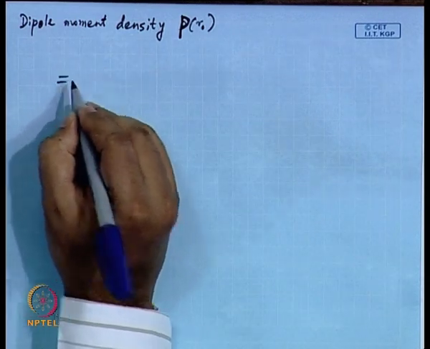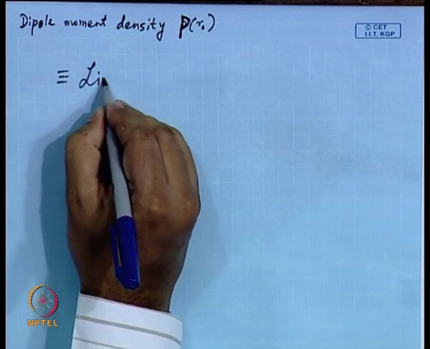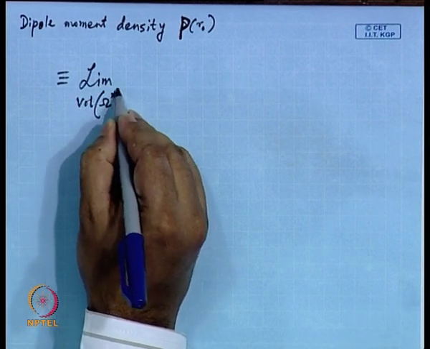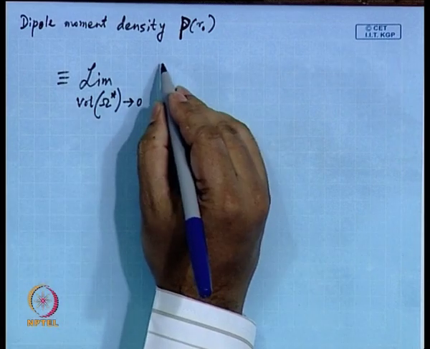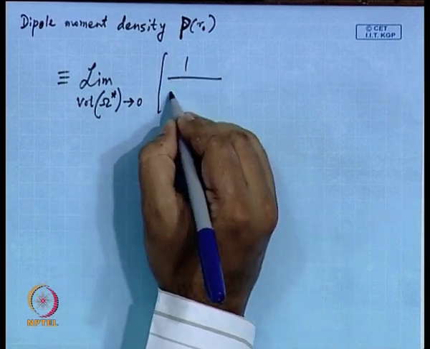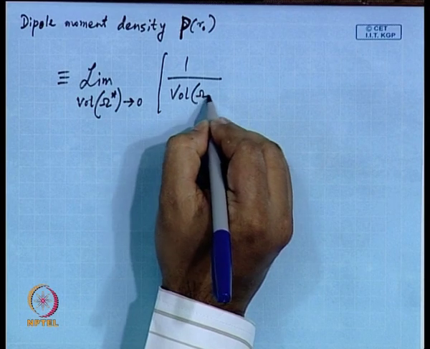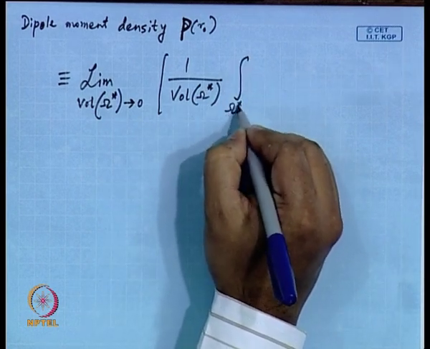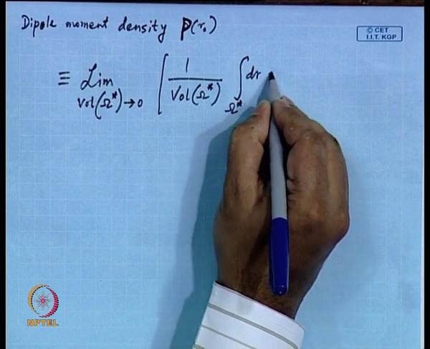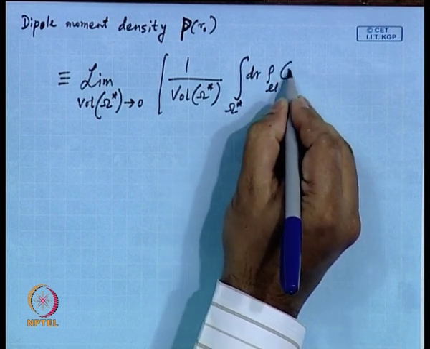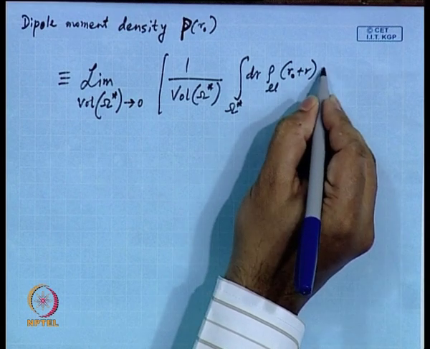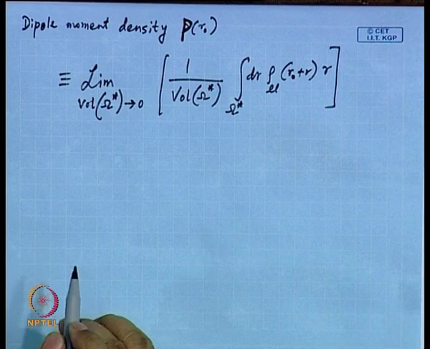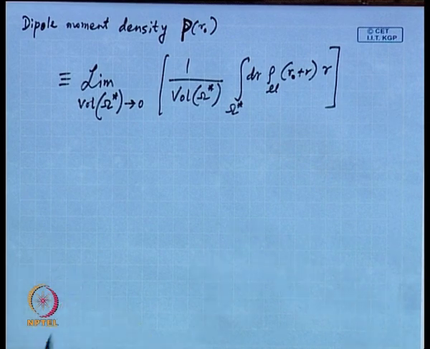This is defined as the limit volume of omega star tending to 0, 1 divided by volume of omega star, integration over omega star dr rho El R 0 plus R into R. So, this quantity is referred to as dipole moment density.